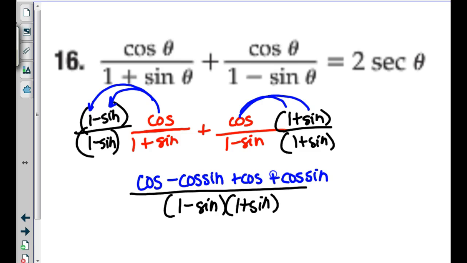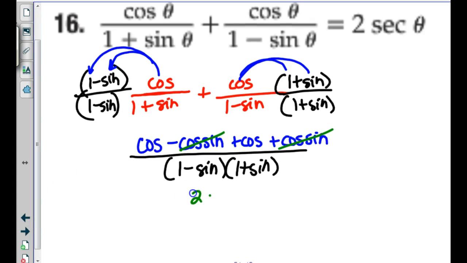Okay, what happens? One of these and one of these subtract away, right? So what's left up there? Over, what do you think we need to do down here? Yeah, we need to FOIL that together.